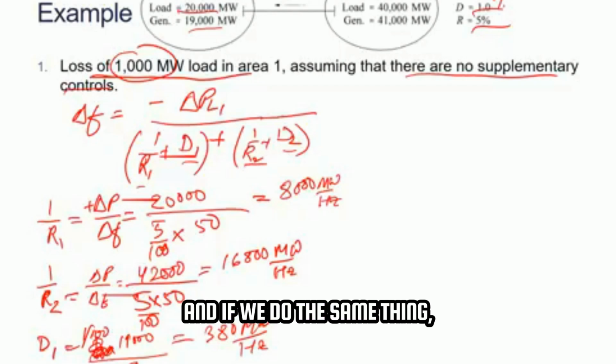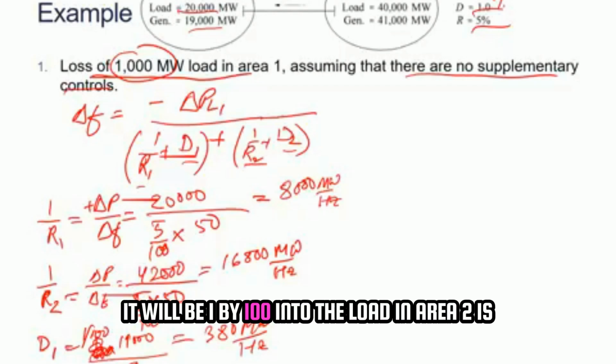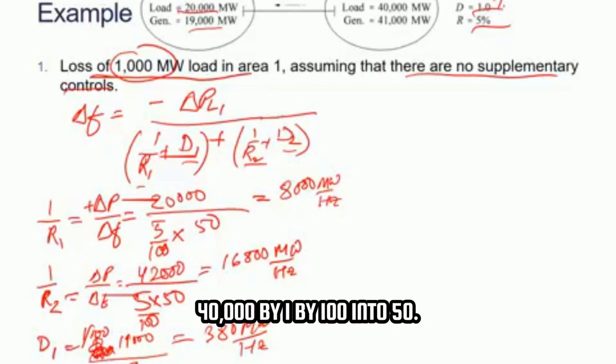If you do the same thing, it will be 1 by 100 into the load in area 2, which is 40,000, divided by 1 by 100 into 50. So what is the value here?